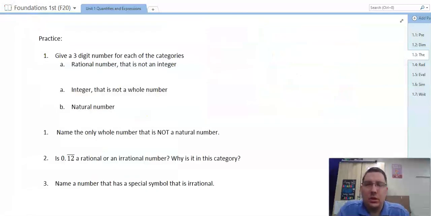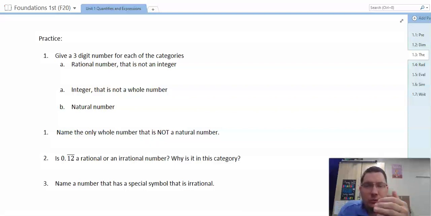This is the next section I want you to look at, and this is a little practice for y'all. There are 4 questions here. Obviously, you can see the numbering has kind of messed up, but I want you to try each of these questions. In the first number 1, it says give a 3-digit number for each of these categories. So again, only 3 digits. Now, you can use a decimal place anywhere you want. You can use other symbols anywhere you want, but you can only have 3 digits, no more, no less.